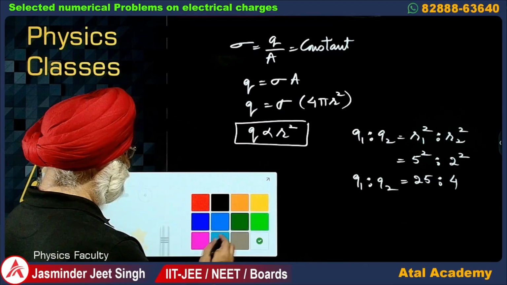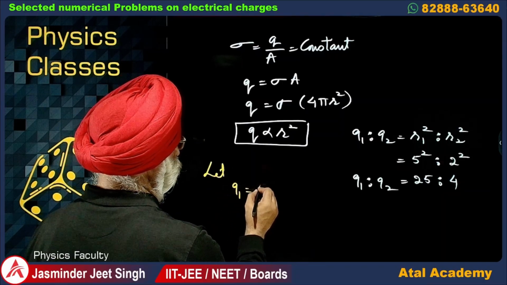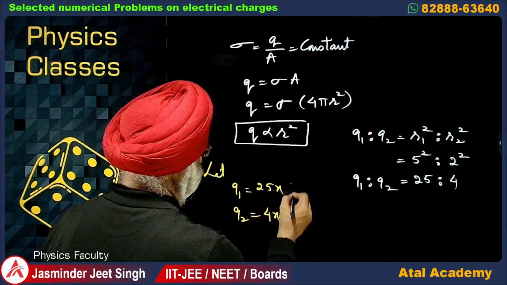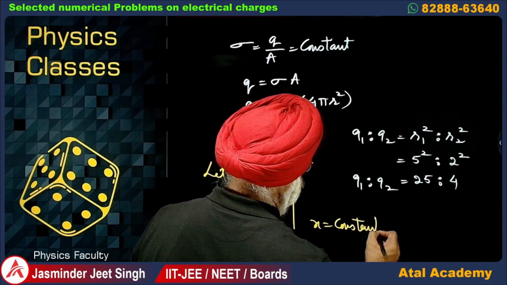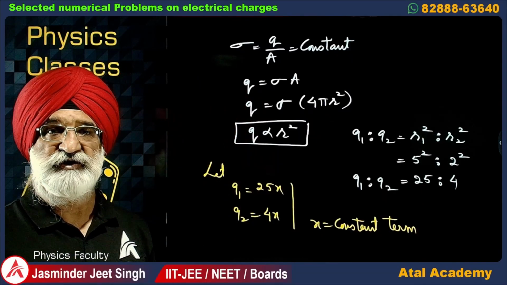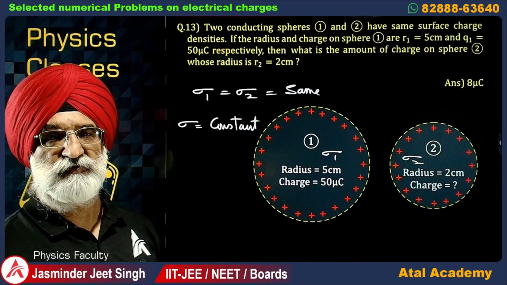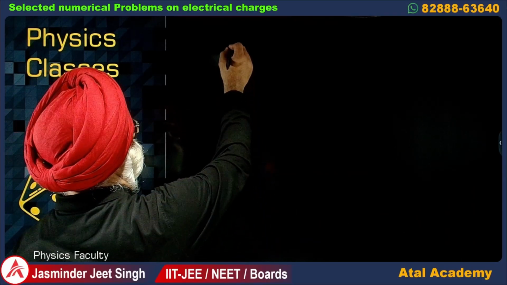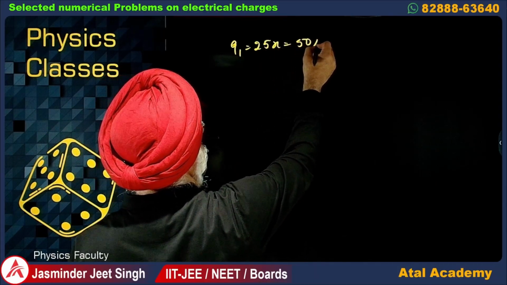We can say let Q1 is equal to 25x and Q2 is equal to 4x, where x is any constant term. Now it is given that the charge on sphere 1 is 50 microcoulomb. That is Q1, which is 25x, it is equal to 50 microcoulomb.